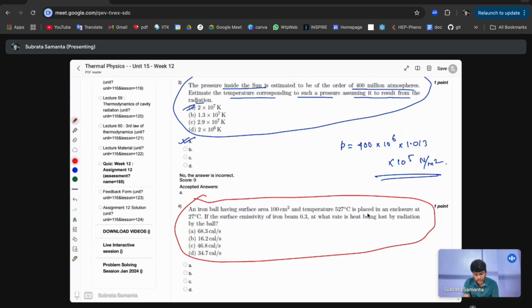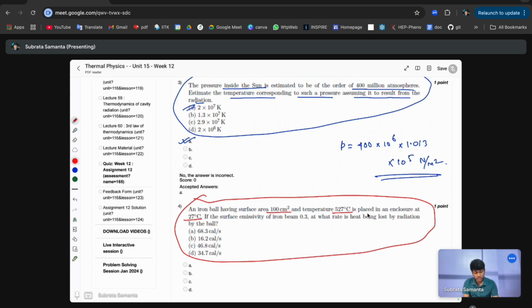In the next problem, an iron ball having a surface area 100 centimeter square and temperature 527 degrees centigrade is placed in an enclosure of 27 degrees centigrade. So basically your iron ball is enclosed by another surface whose temperature is 27 degrees centigrade, and the core temperature of the iron ball is 527 degrees centigrade.